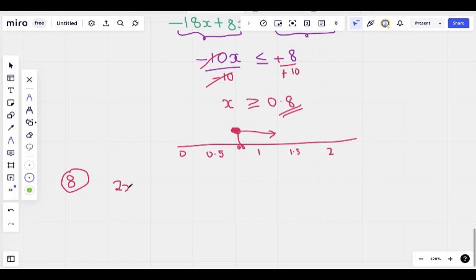2x plus 5 is lesser than x minus 1 over 4. Okay, you know we've done a similar question like this from Save My Exams.